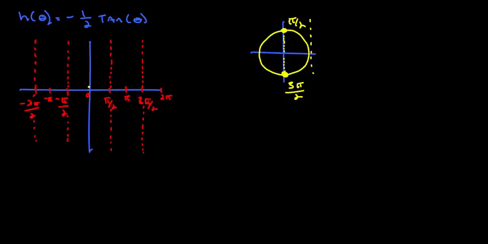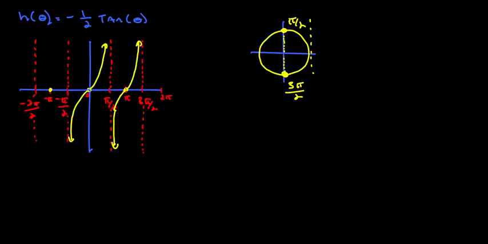So the original function, the parent graph, cuts through the origin, comes up like this, and down like this. Again, over here at pi, it's at a value of 0, so it's going to head up like this, and back down like this. I'll clean that up. There we go.